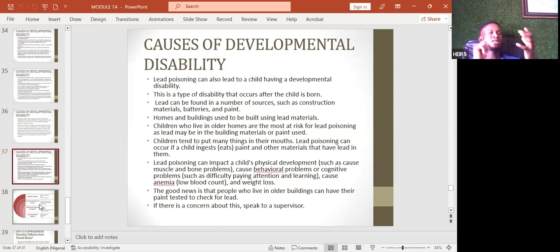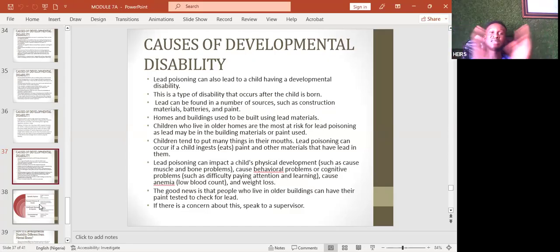Now, when the child ingests material that has lead, it can impact their physical development, cause behavioral problems, affect blood count, and even affect their weight. So we see that it has a wide range.